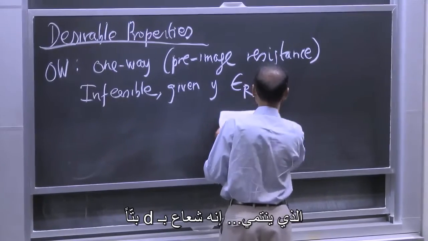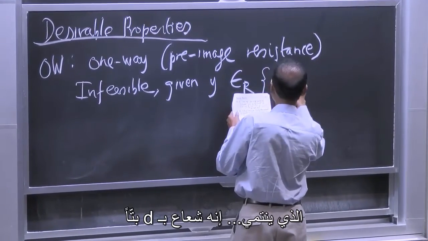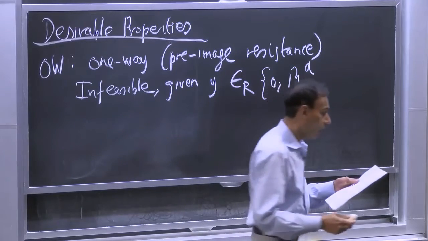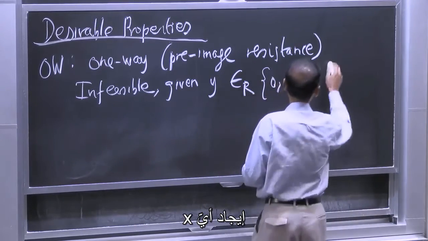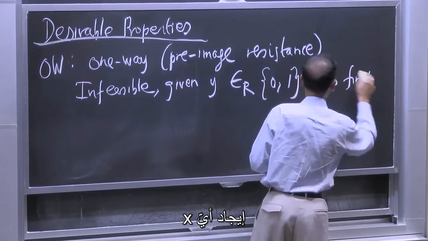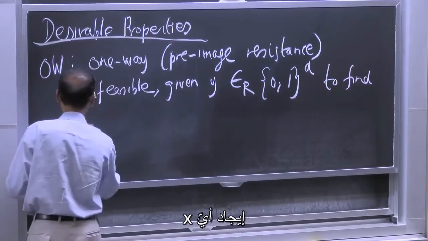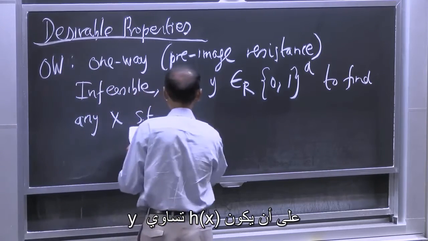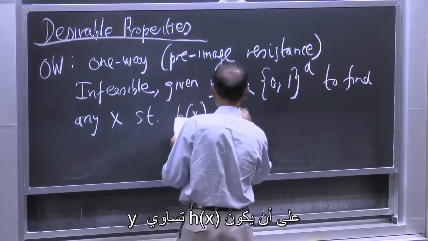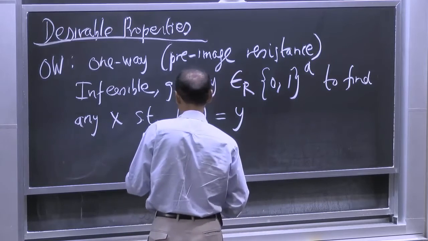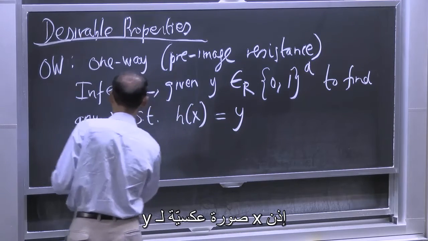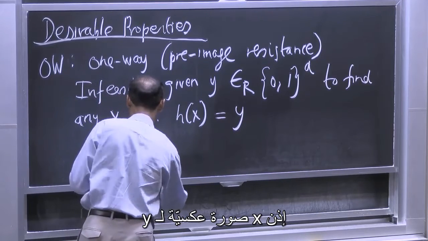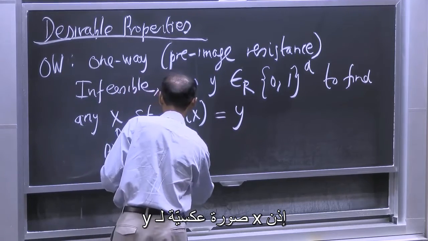which is basically a d-bit vector, to find any x such that h of x equals y, right? And so x is the pre-image of y.